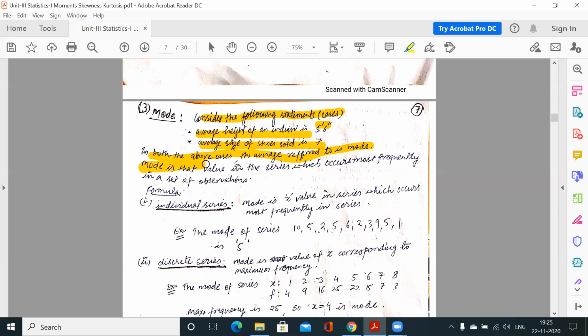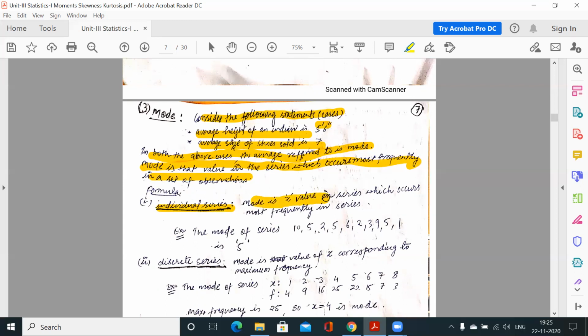So mode is that value in the series which occurs most frequently in a set of observations, which appears more than the other values in the data points. For an individual series, you simply have to observe which number is repeated more than the others.